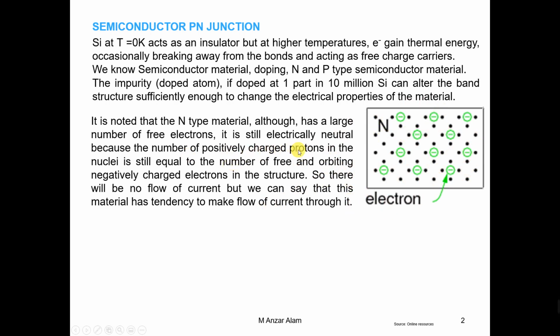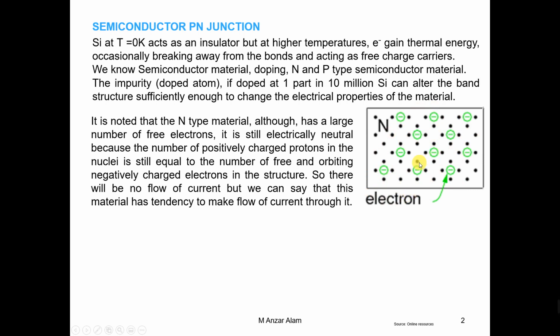It is still electrically neutral because the number of positive charges, protons in the nuclei, is still equal to the number of free and orbiting negatively charged electrons in the structure. So there will be no flow of current, but still we have plenty of free electrons.